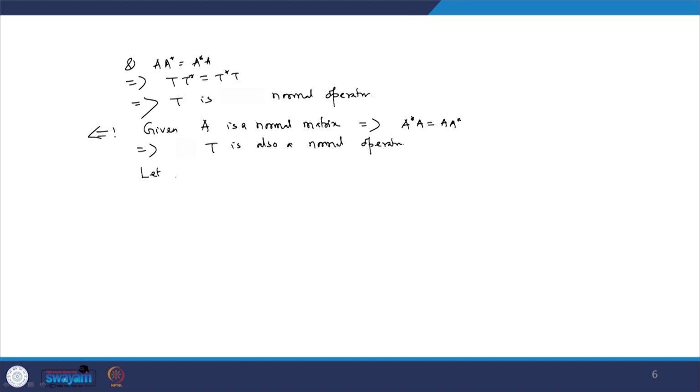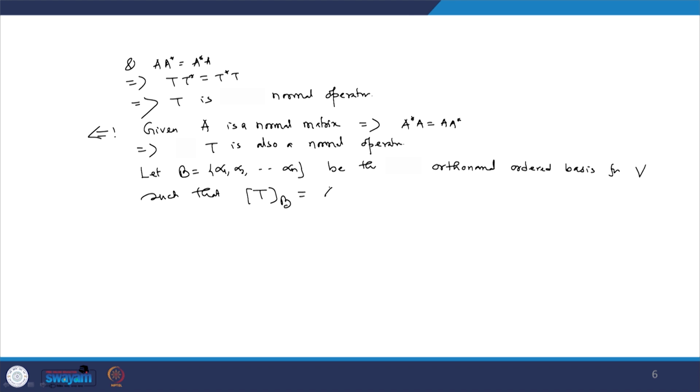Let B equal to alpha 1, alpha 2, ..., alpha n be an orthonormal ordered basis for the space V such that the matrix representation of T with respect to this ordered basis equals the above A. Because we know V is a finite dimensional space, we can have an orthonormal basis, and the matrix representation of T with respect to this basis will be, suppose, A, which is also normal because T is normal.